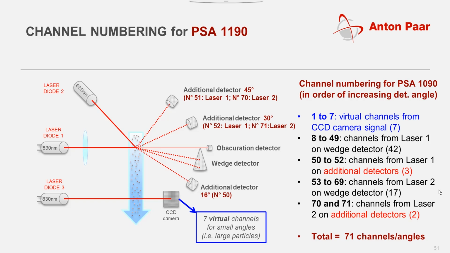The additional detector at 45 degrees has number 51 when it counts for laser 1 and 70 for laser 2. The one at 30 degrees has number 52 for laser 1 and 71 for laser 2. Therefore, in the PSA 1190, 71 channels or angles are counted in total.